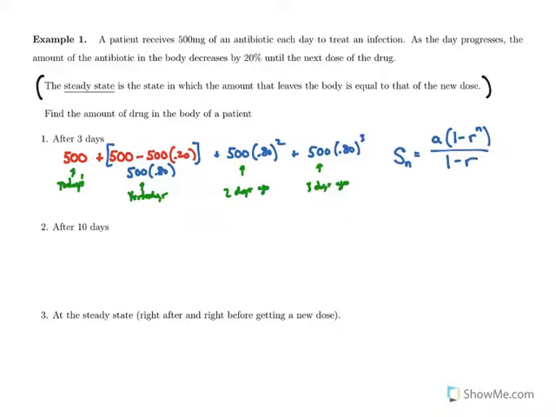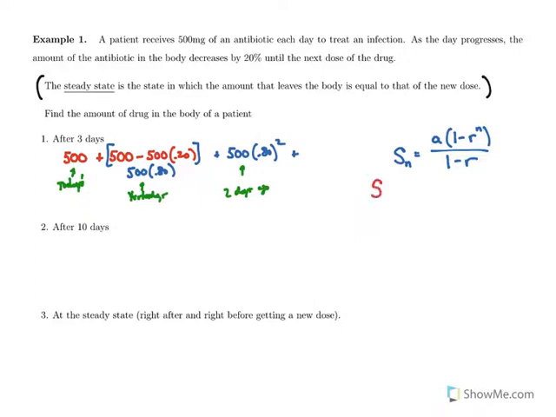And I should say that actually we don't want this last term here, because that would correspond to 4 days, and we're actually looking at 3 days total. So we're going to get rid of this. Ignoring that little part, the total sum is S sub n.